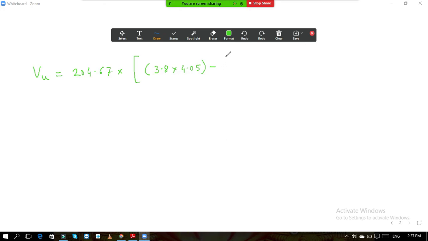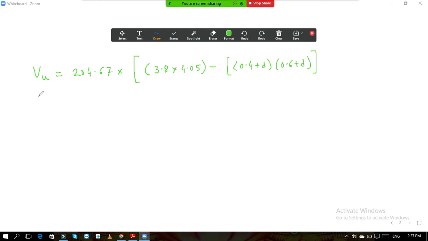So what is the punched out area now? How much it is? 0.4 plus D and 0.6 plus D. Okay, so it is 0.4 plus D into 0.6 plus D. This is your punched out area.